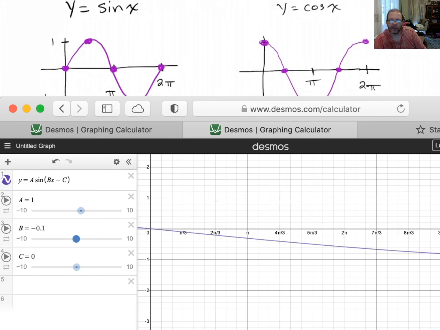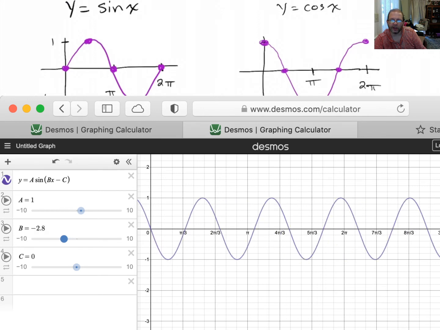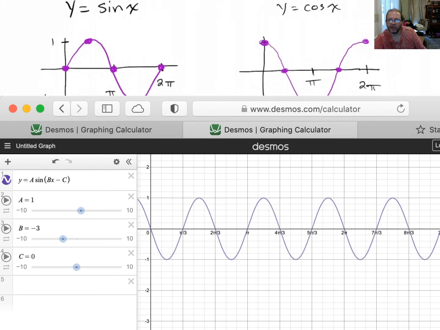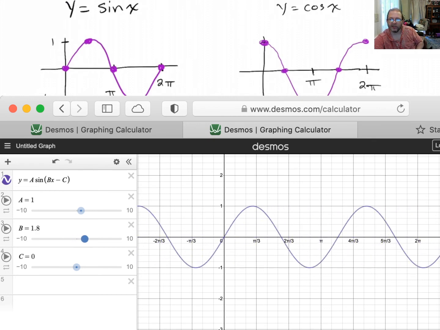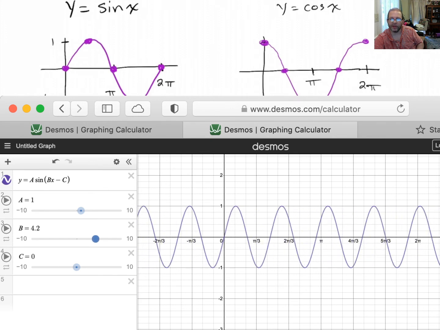Now, we don't usually make B negative. I guess we could, and it would reflect the graph. Notice now, instead of having the graph start out going up, it's going down. So it actually reflected it vertically, or horizontally. All right. Usually we're going to make B be something positive, but B determines the period.